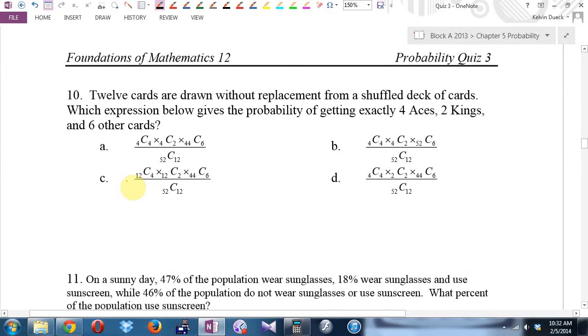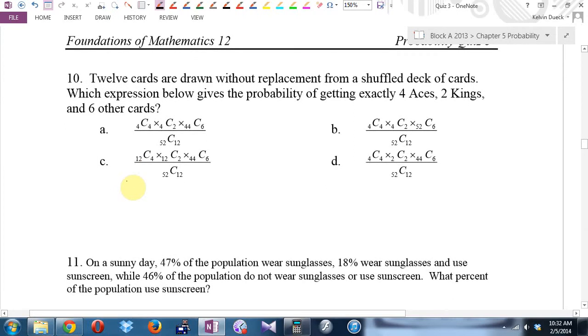Turn the page. 12 cards. How many cards? 12, bucket. They want aces, kings, and 6 other cards. So let's see here. It's going to be aces, kings, and others. There's 4 aces, 4 kings, and 52, take away 4, 44 others. And we want how many aces? 4.